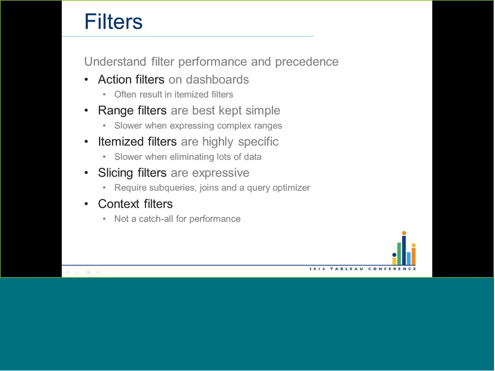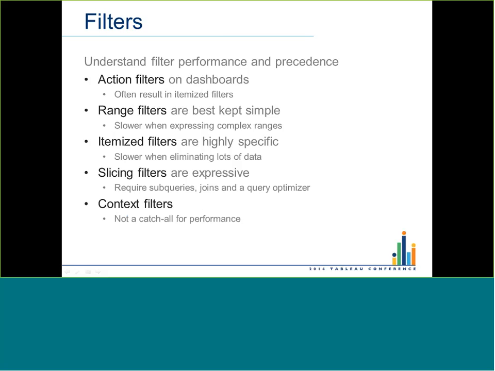Also, context filters are common for a lot of people who want to improve the performance, and essentially a context filter creates a temporary table in the database to store all the records that have been filtered, and then all subsequent queries are issued upon that temporary table.